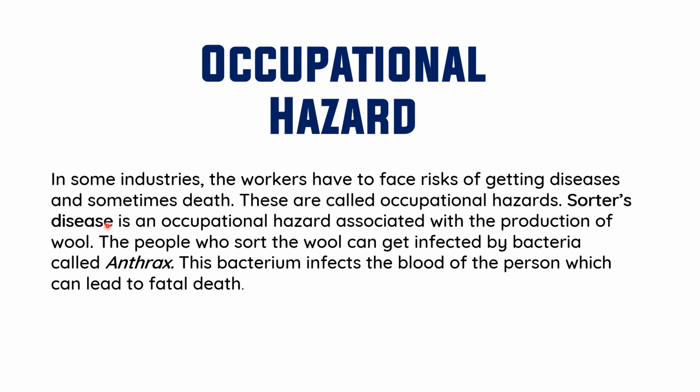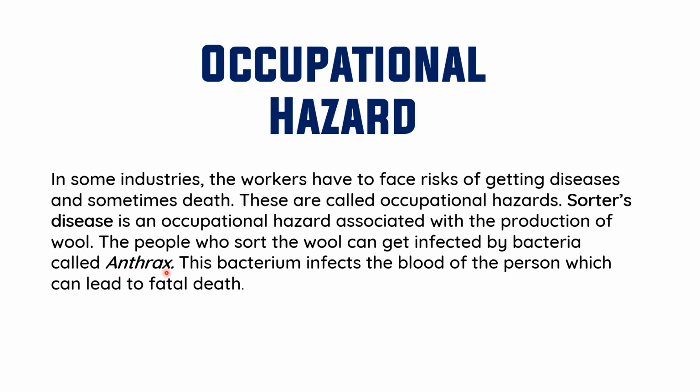Sorter's disease is an occupational hazard associated with the production of wool. We already learned the production of wool. People related to that occupation sometimes get one serious disease called Sorter's disease. The people who sort the wool can get infected by a bacterium called anthrax.